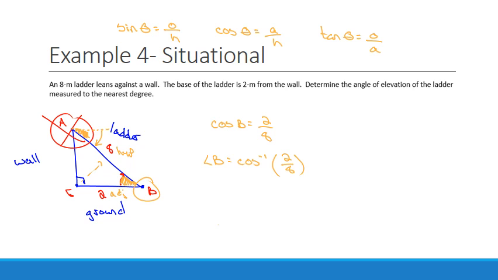It wouldn't matter what you use. Once you plug that in, you will get 75.52 degrees. And that would be the angle of elevation for this ladder, but they wanted it rounded, so sorry about that. I didn't round that. So 75.5, meaning I'd round that to 76 degrees.